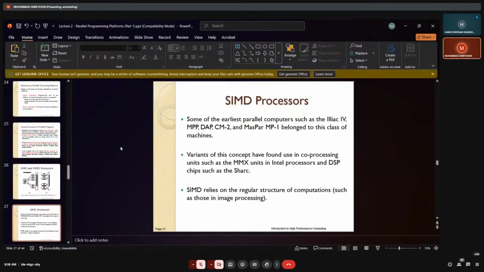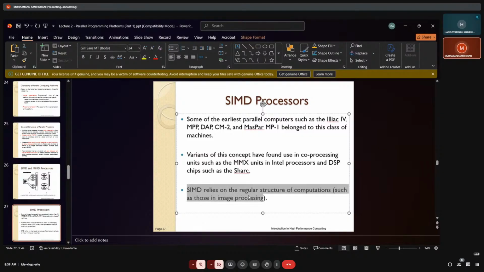SIMD processors: some of the earliest parallel computers such as Illiac IV, MPP, DAP, and CM-2 belong to this class of machines, and variants of this concept are found in co-processing units such as MMX, multimedia extension, and DSP processor chips such as the Sharc. SIMD basically relies on the regular structure of computation, such as those in image processing.